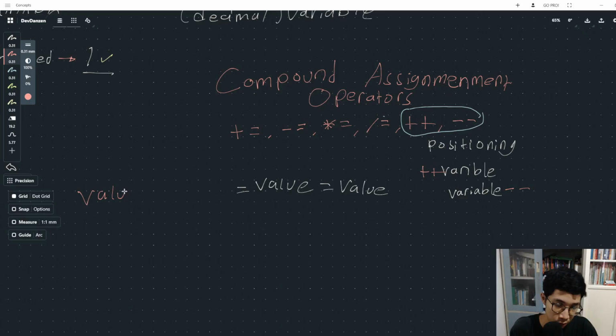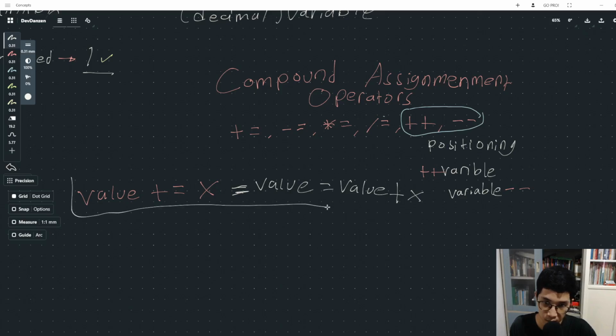So value plus equals x is equal to value equals value plus x. That's it.